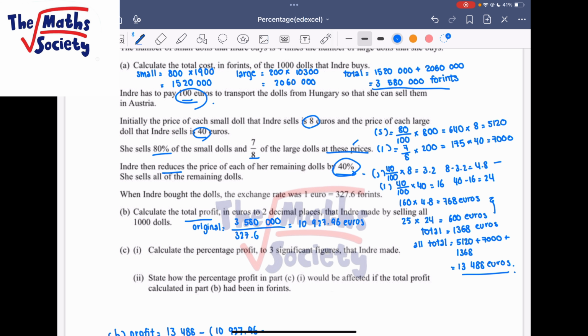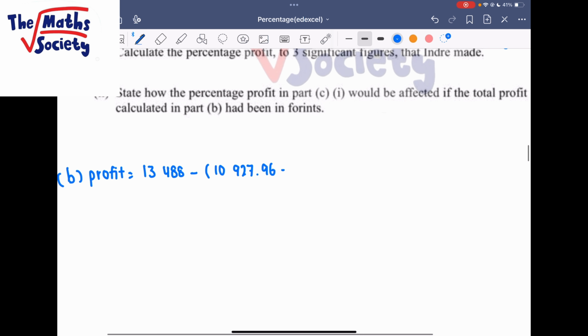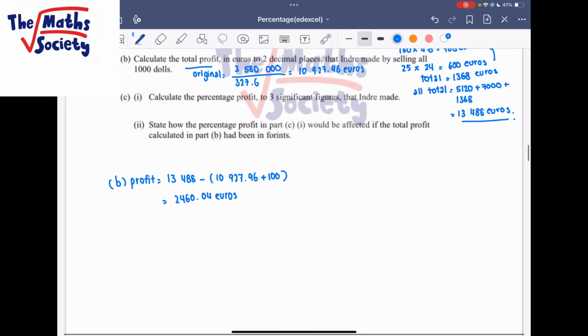So she paid 100 euros for the transport, because essentially we want to know the profit of everything. So that means it will make up to 2460.04 euros. That was how much she made from profit. So now we know B already.